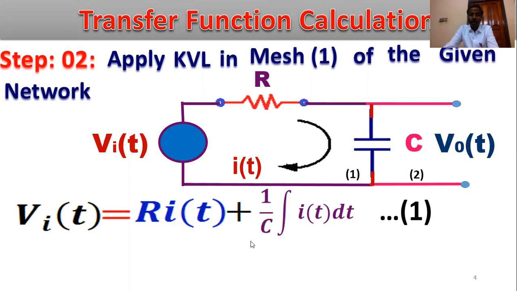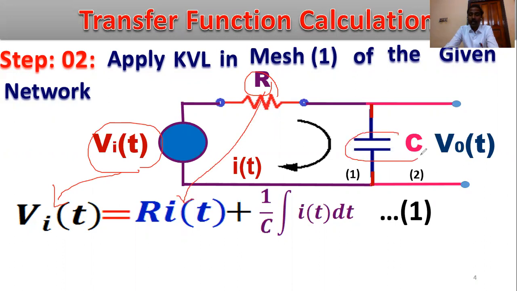This is equation number 1. This is the input voltage Vi of t, and across the resistance passes current i, that's why R into i of t, and for the capacitance C, 1 by C into the integral of i of t dt. This is for mesh 1.